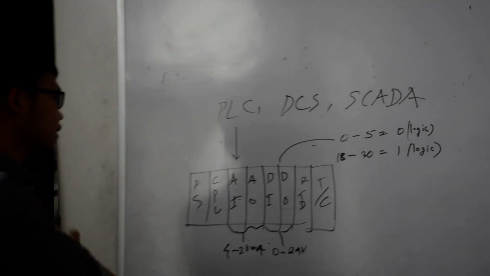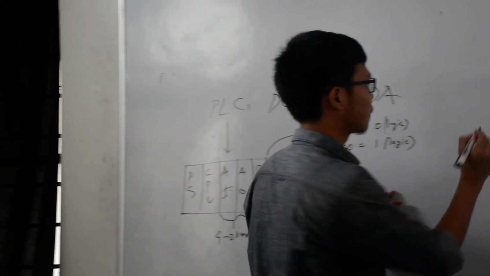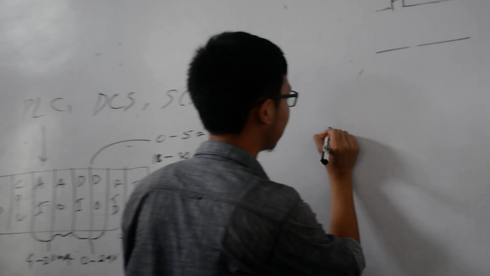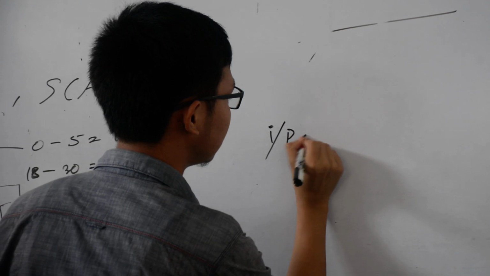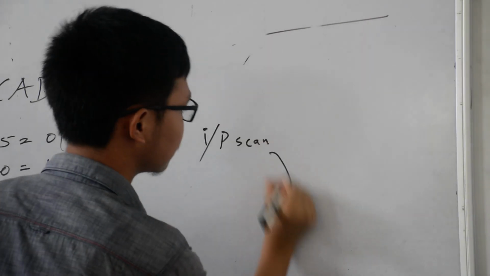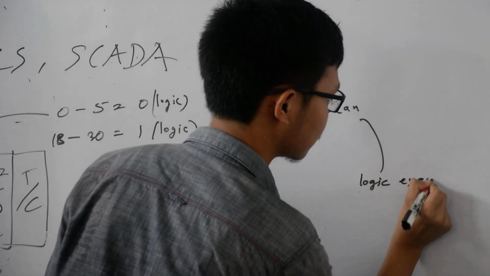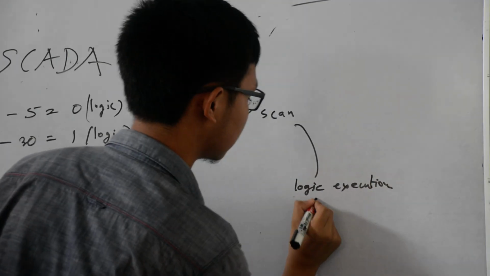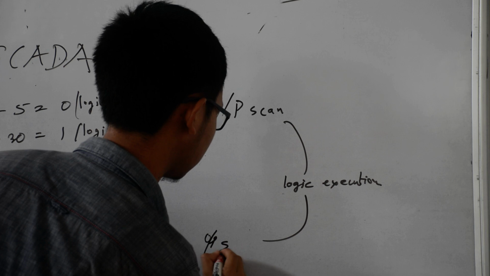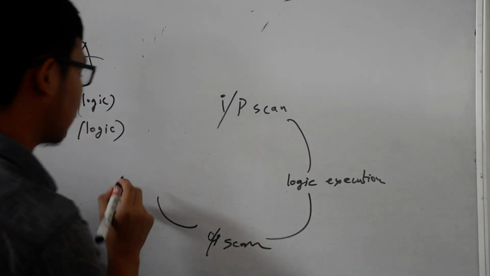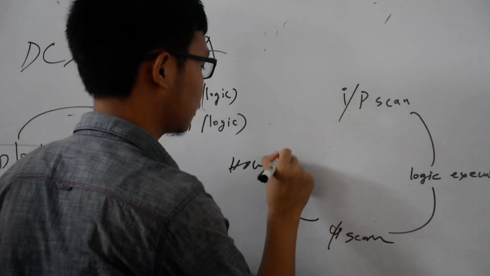And in PLC, first of all, it includes input scan, logic execution, output scan, and housekeeping.